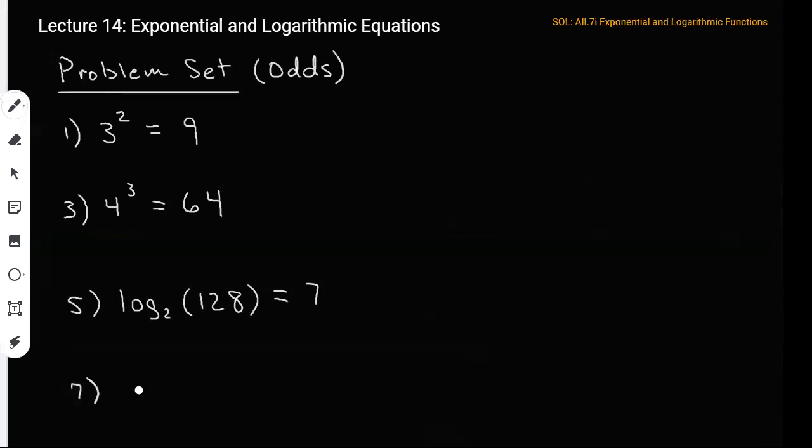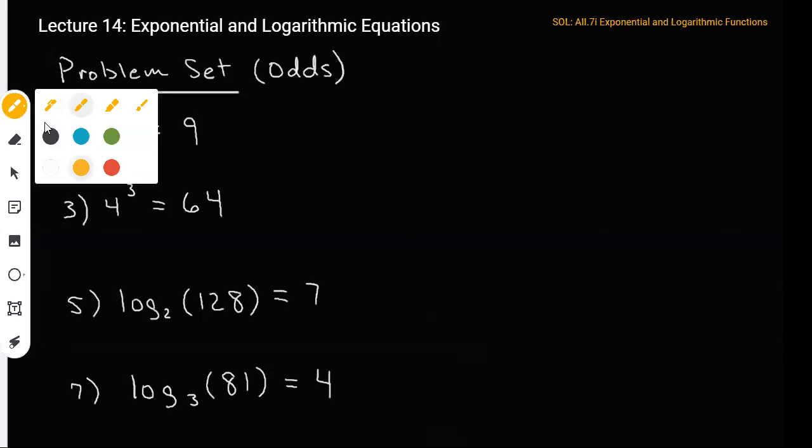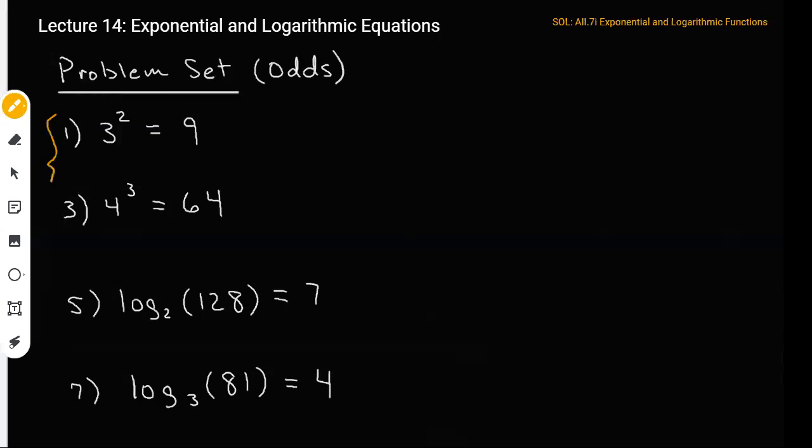And for number 7, we're going to have a log base 3 of 81 is equal to 4. Okay. Let me group 1 and 3 together and 5 and 7 together.